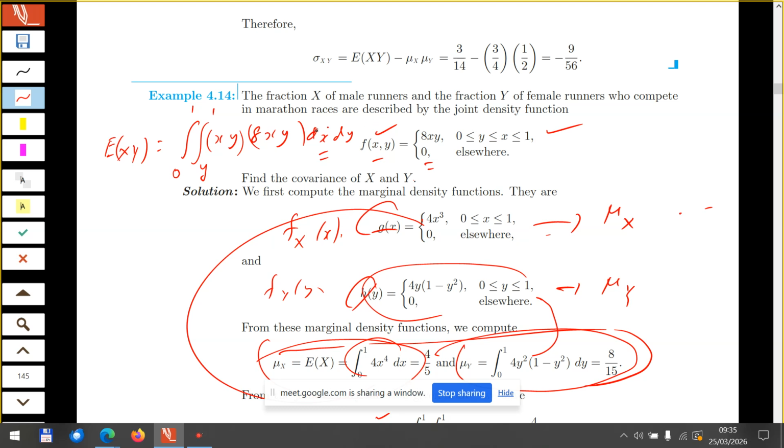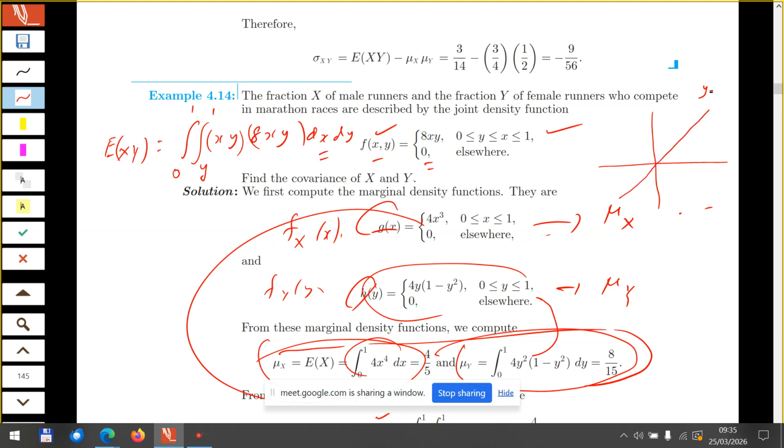And the best thing to avoid this confusion is to draw the region in the xy plane. It's very easy. So now draw it. Y is between 0 and x, and x is between 0 and 1. So how do I draw this region? First, draw the line y equals x.